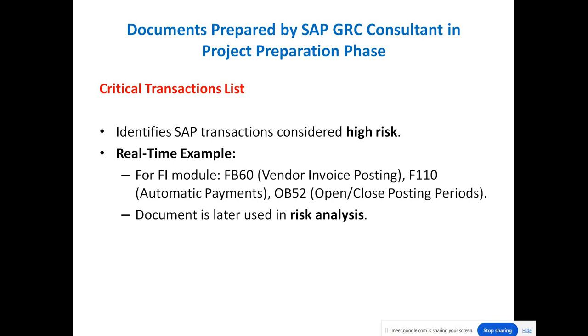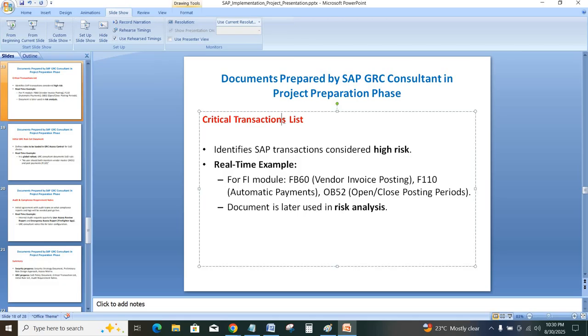Okay, so F110 automatic payment, OB52 open and close posting periods. So very important in FI. So I need to identify and list out what the critical transactions are. I need to meet the end user. Then if I am going to meet the end user, for example the sales team for sales orders, I need to get the critical transaction list. Transaction in the sense here is transaction code, transaction code.